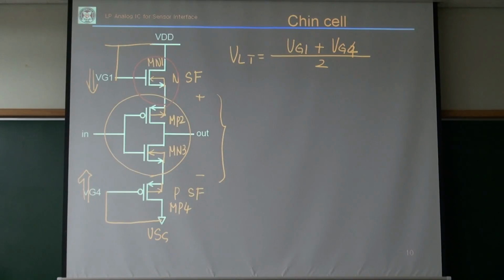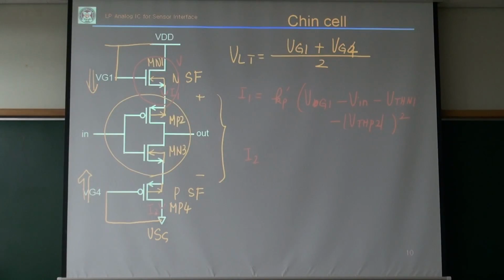you can see, if they all work in the saturation region, I1 equals some Kp prime times VG1 minus Vin minus the NMOS threshold VTHN1, which is the threshold voltage of this thing, and the PMOS threshold voltage, squared.